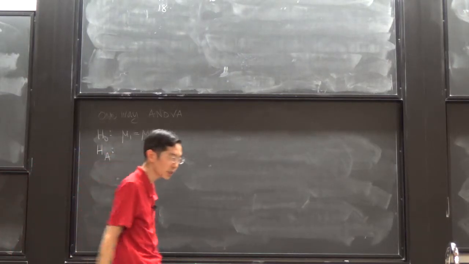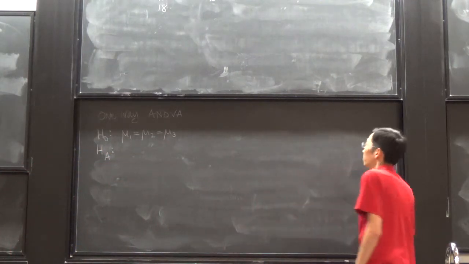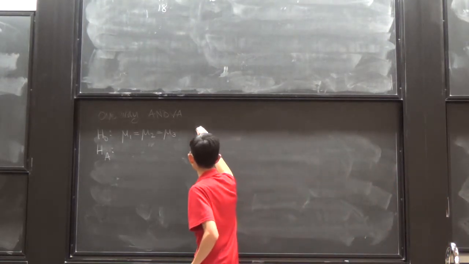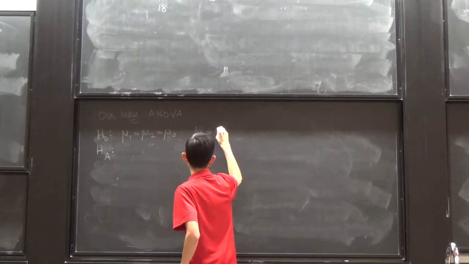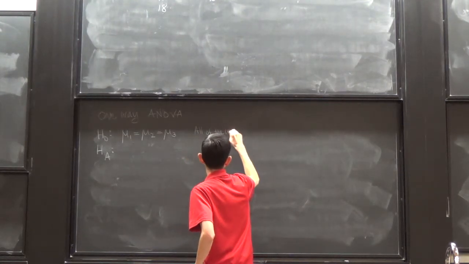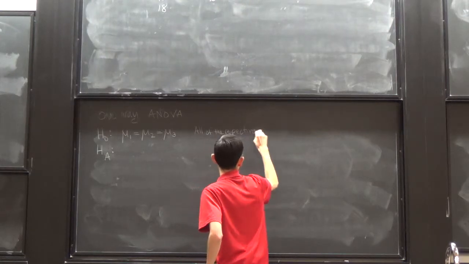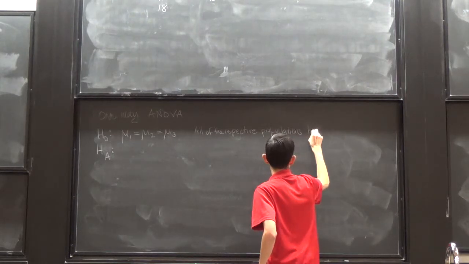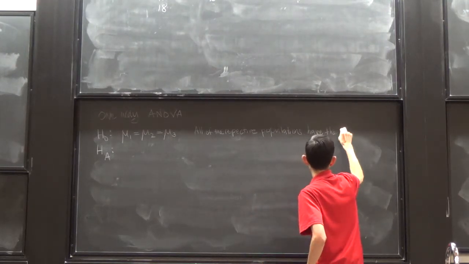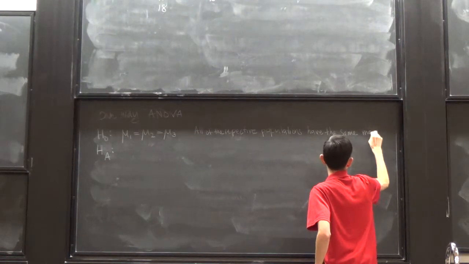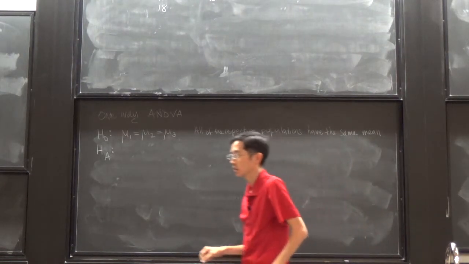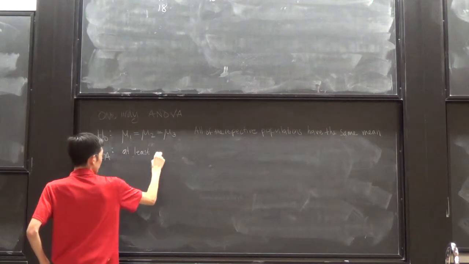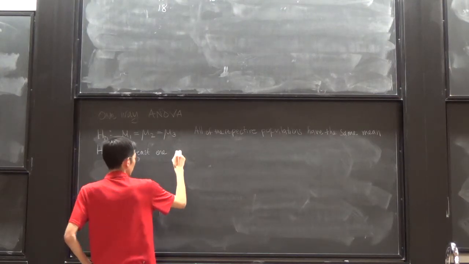Or that the respective populations of each group are all the same. And the alternative is that at least one of the means is different.